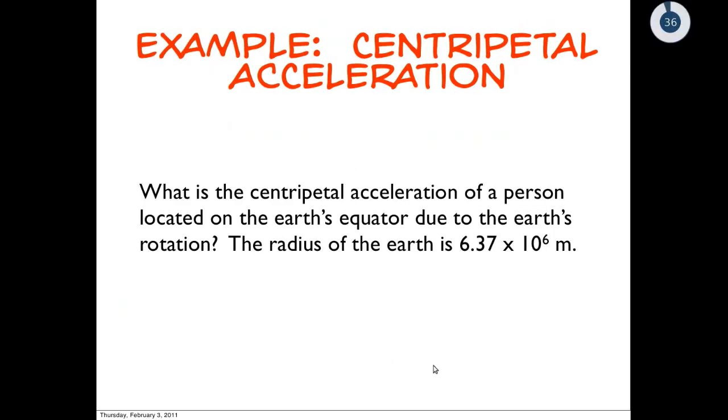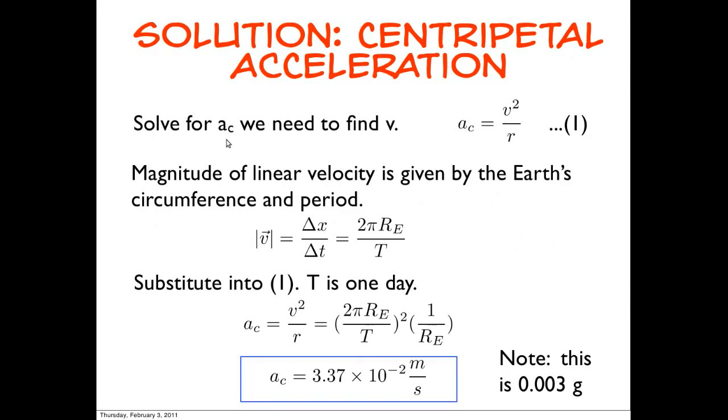So let's look at an example. What is the centripetal acceleration of a person located on the Earth's equator due to the Earth's rotation? The radius of the Earth is 6.37 times 10 to the 6th meters. In this problem, we are asked to solve for the centripetal acceleration.